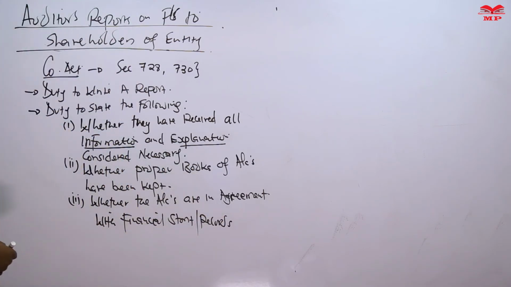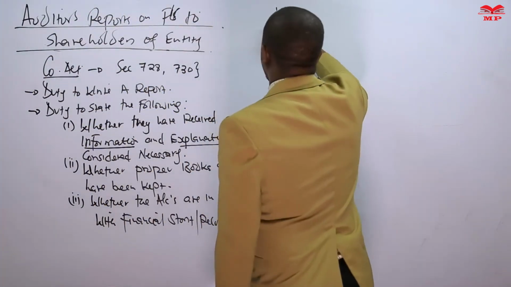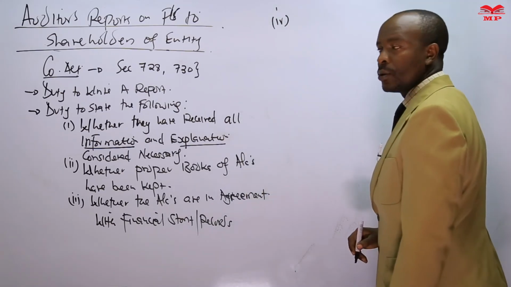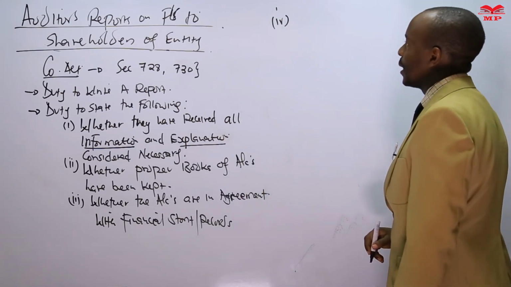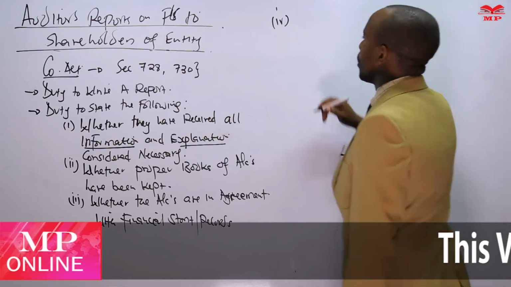There. The item number 4 that you need to note is tell us whether proper accounting policies have been used in the preparation of the financial statement and they have been used consistently.